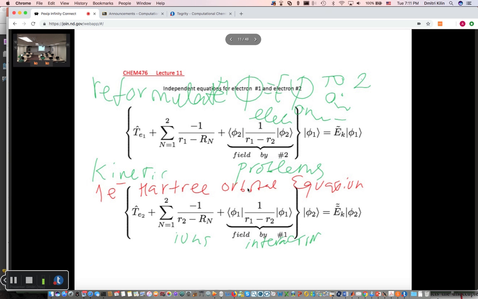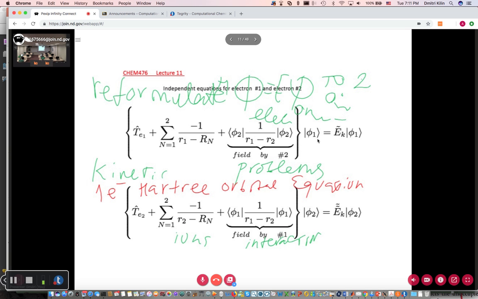If electrons did not repel each other, it would be super simple. But they repel each other, and therefore there is a big challenge. So in this last slide, you see there are two lines. And let's, for a time, forget everything that you see in the curly brackets. So let it be some unknown operator.